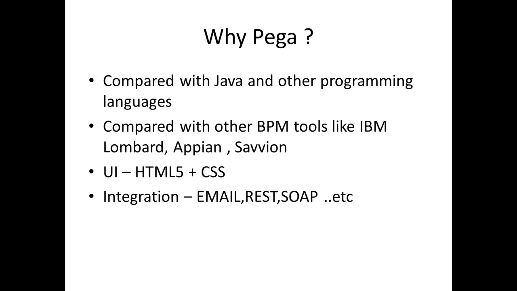A typical deployed Pega application would have at least 100 to 200 integrations from other REST and SOAP services. So Pega's integration facilities are very strong and can support it. Fine, so these are the good things about Pega, and we would learn them all along the course.